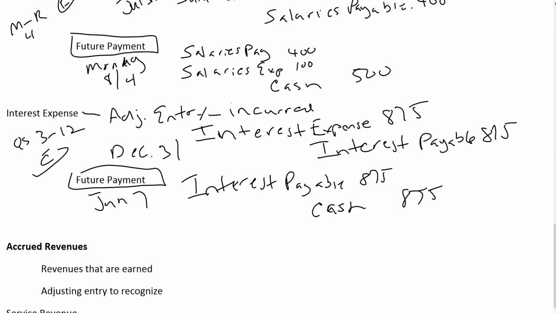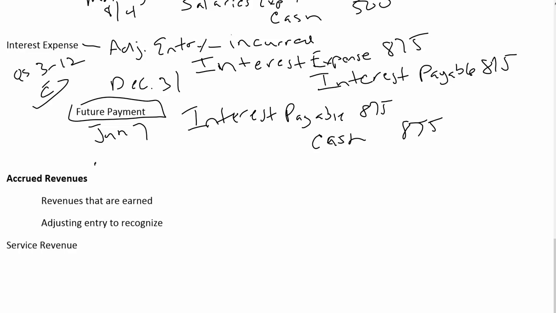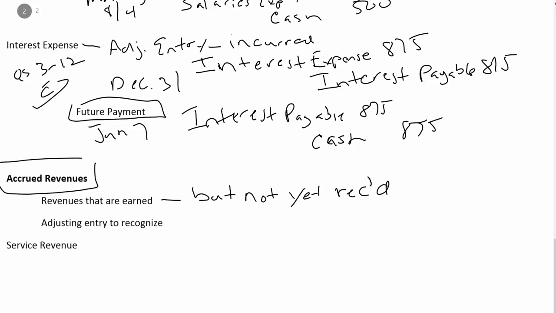And then our last entry we want to look at is accrued revenues. These are revenues that are earned, but not yet received. And so we're going to receive them later. One example, of course, has to do with service revenue.